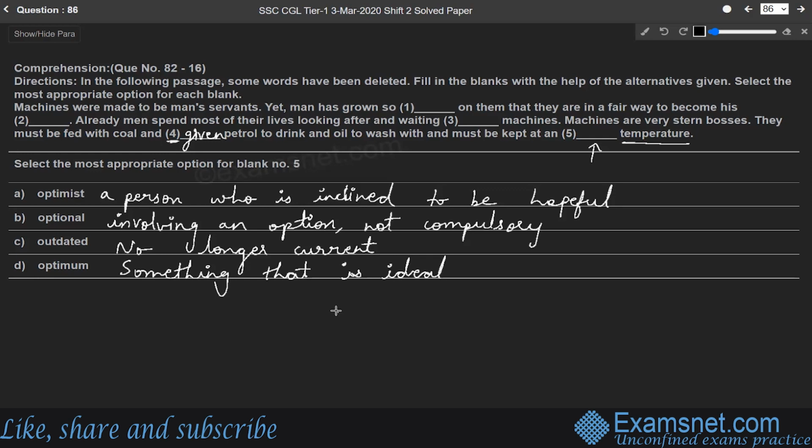In the question here, we want to again find the word that fits in the fifth blank. And this sentence here is referring to temperature. All right. So here we need an adjective that will qualify our noun temperature. Here, the word temperature is a noun. And do you remember there is a rule that a noun should have an adjective before it that describes it.